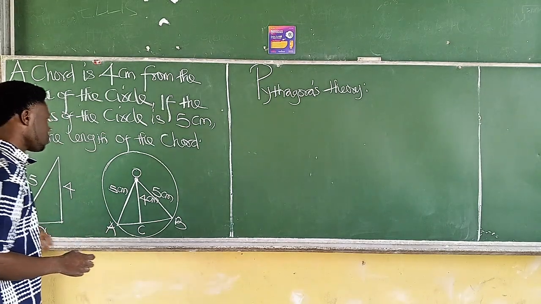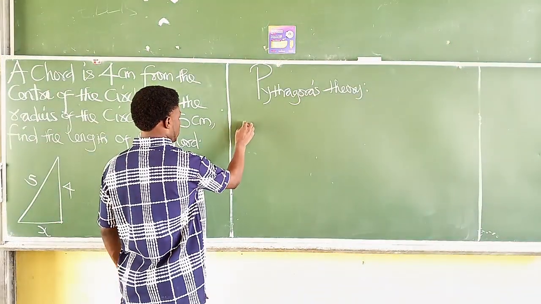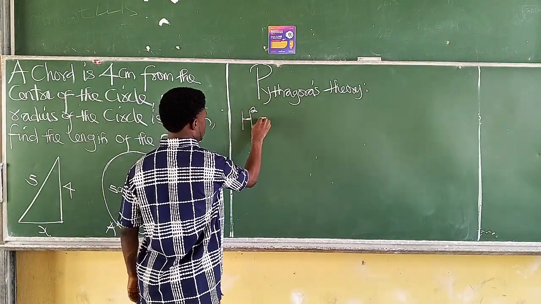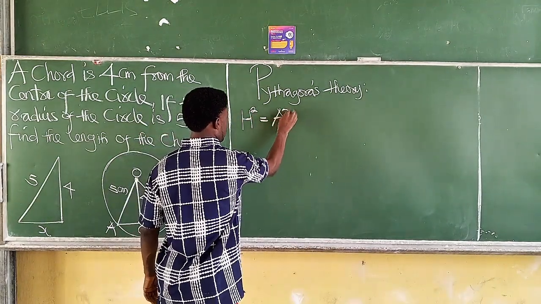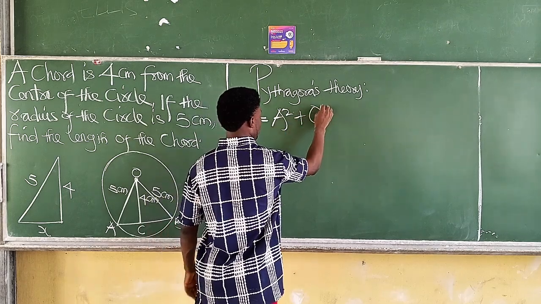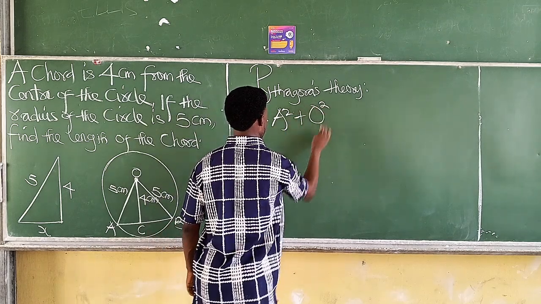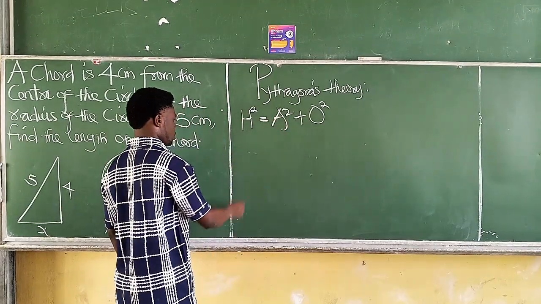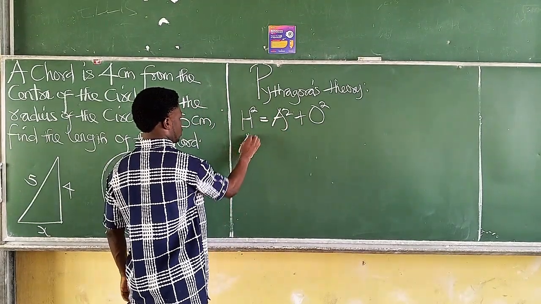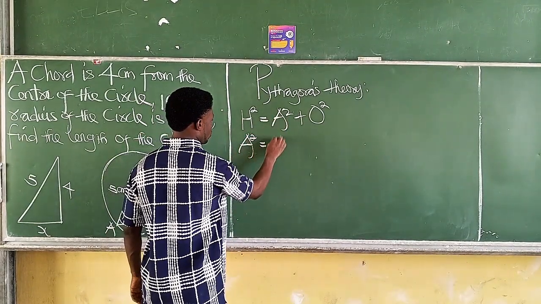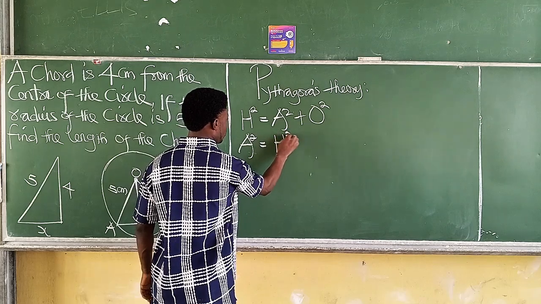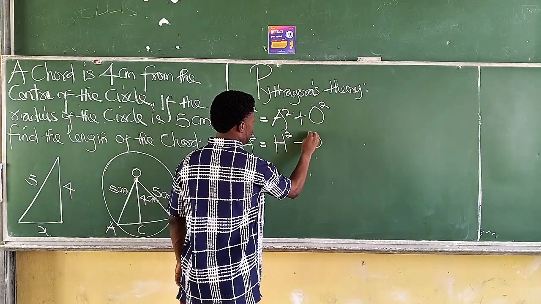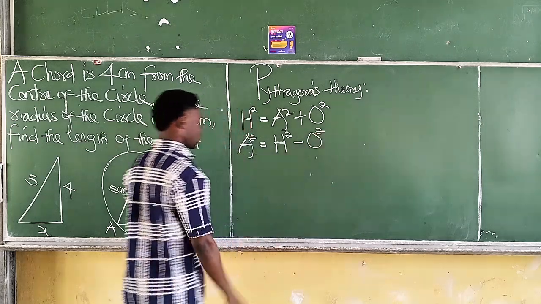So if the hypotenuse is h, then the square of the hypotenuse is equal to the square of the adjacent plus the square of the opposite. Therefore, if you make the adjacent the subject, then the adjacent squared is equal to the hypotenuse, which is the longest side of the triangle, squared minus the other side squared, be it opposite or adjacent.